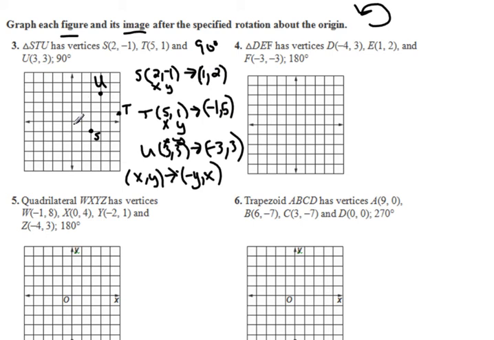S prime is 1, 2. T prime is -1, 5. So -1, 1, 2, 3, 4, 5. And U prime is -3, 3. So 1, 2, 3, 1, 2, 3. And then connect our dots. Pretty close. As a rotation of 90 degrees.